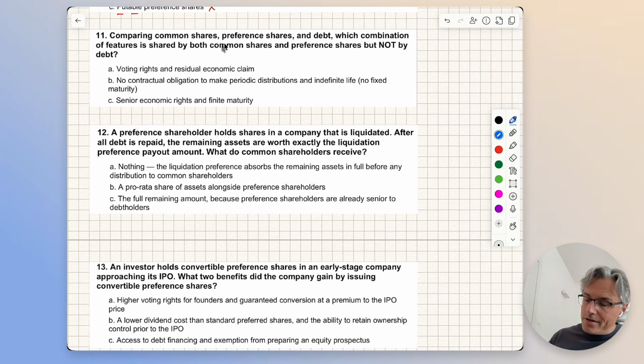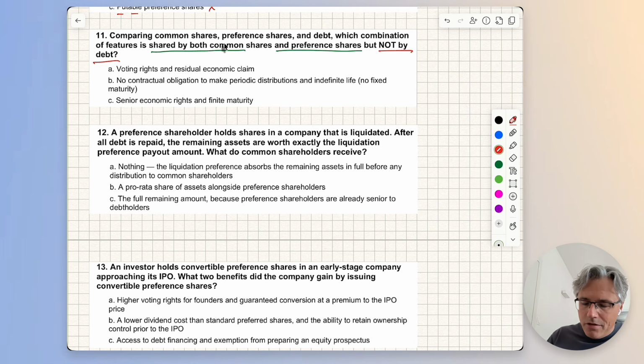Voting rights and residual economic claim. Well, we're looking for features that are not characteristic of debt, but shared by both common shares and preference shares.